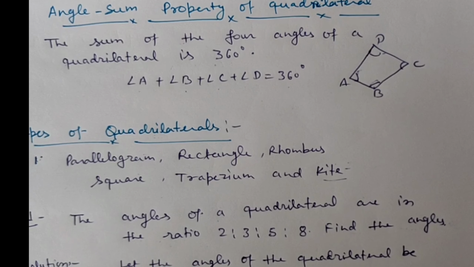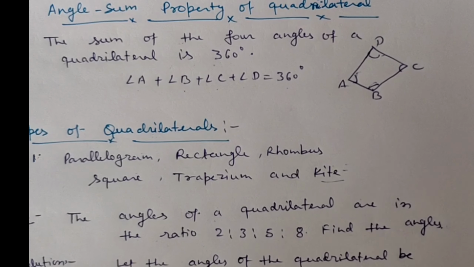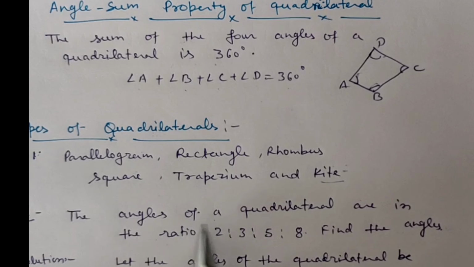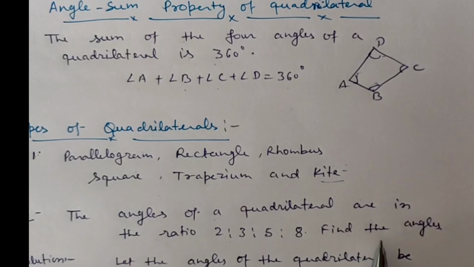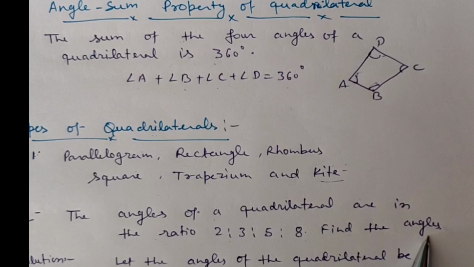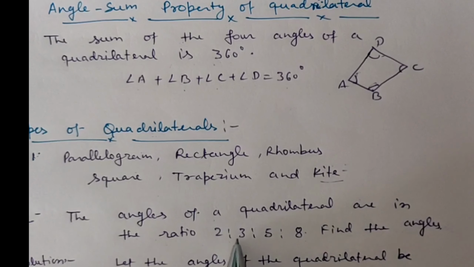Now I am going to explain one example. The first example is: the angles of a quadrilateral are in the ratio 2:3:5:8. You have to find the angles. So what you will do, you will change this ratio into simple numbers. How to change this?